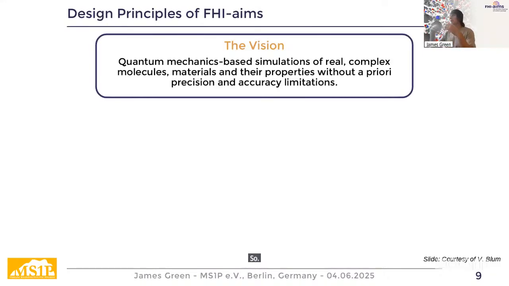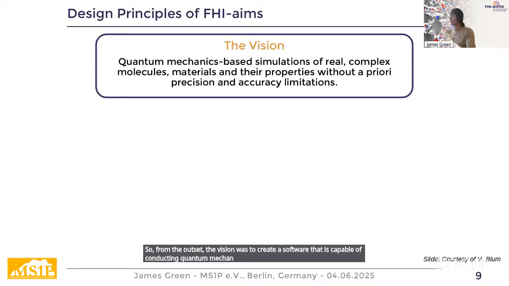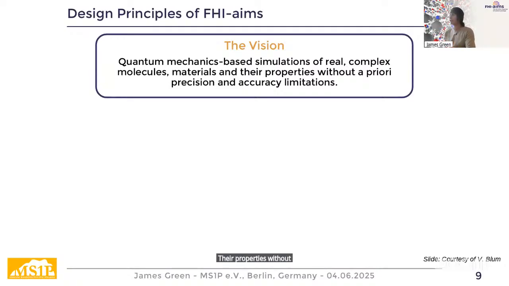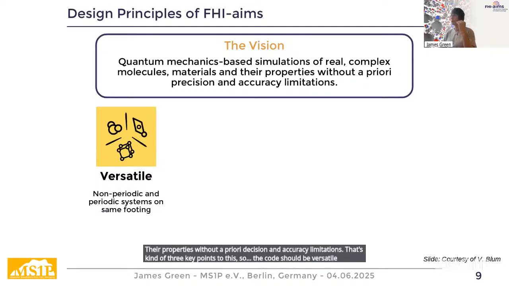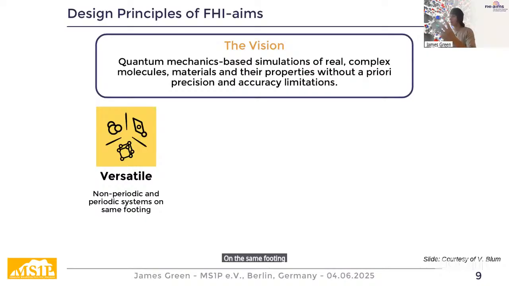So from the outset, the vision was to create a software that is capable of conducting quantum mechanics-based simulations of real complex molecules and materials and their properties without a priori precision and accuracy limitations. And there's 3 key points to this. So the code should be versatile, so capable of simulating both non-periodic or molecular systems on the same footing as periodic or material systems.